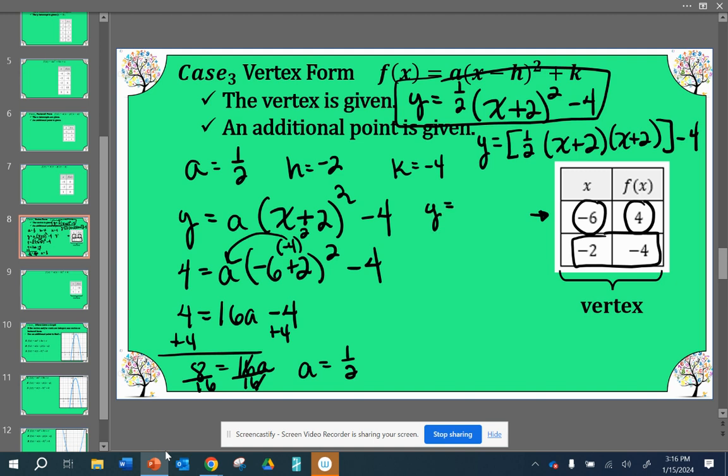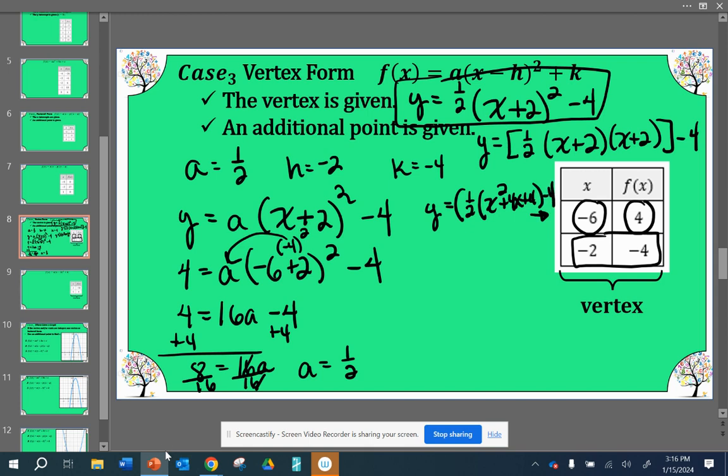So y equals, we're going to square x plus 2, so that's x squared plus 4x plus 4 minus 4.